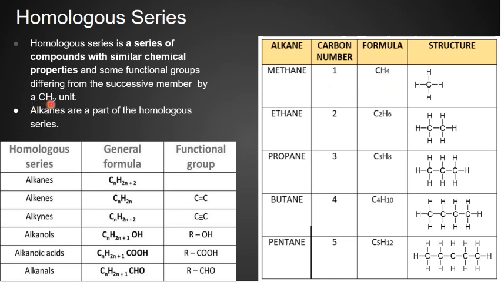It simply means each of these members differs by a CH2. If you look at ethane and propane, it's going to be 3 minus 2, which gives us C1. Okay, let me try to write it down.